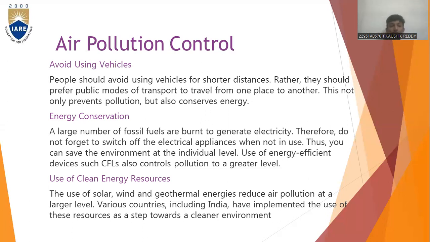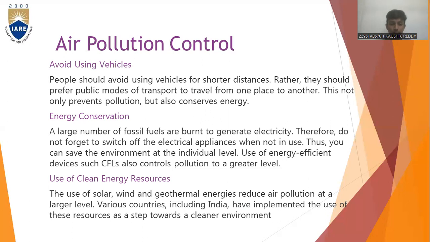Like in rural areas, we use solar panels to generate electricity without polluting the air. And geothermal energies and windmills reduce air pollution at larger levels. Various countries, including India, have implemented the use of these resources as a step towards a cleaner environment.